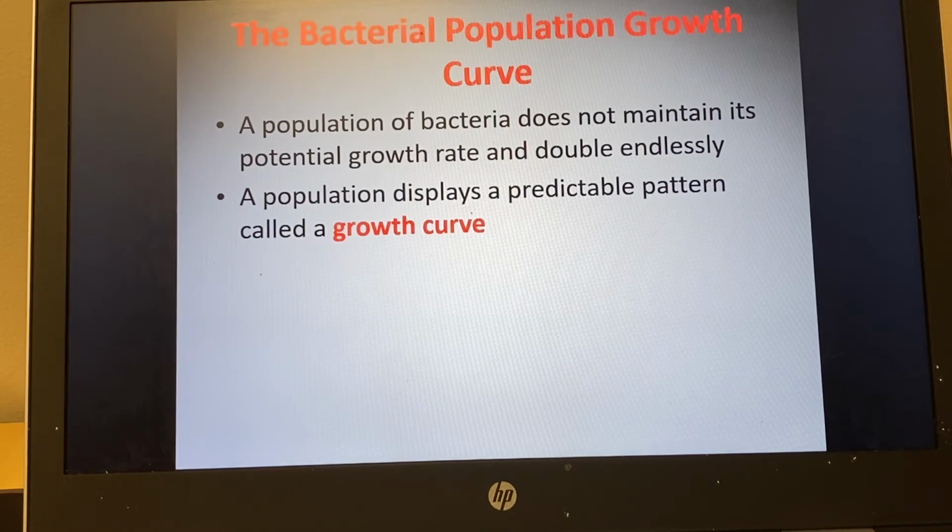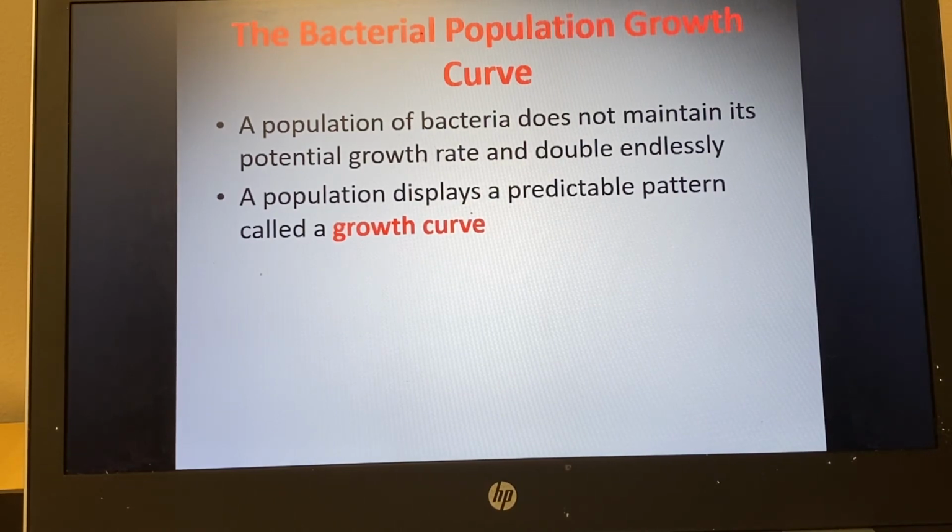We talked about that earlier in this chapter, where some like a particular temperature, some like a particular amount of oxygen. So the timing of this may vary, but for every species, it's always going to have 4 components, and it's going to be the same general shape.